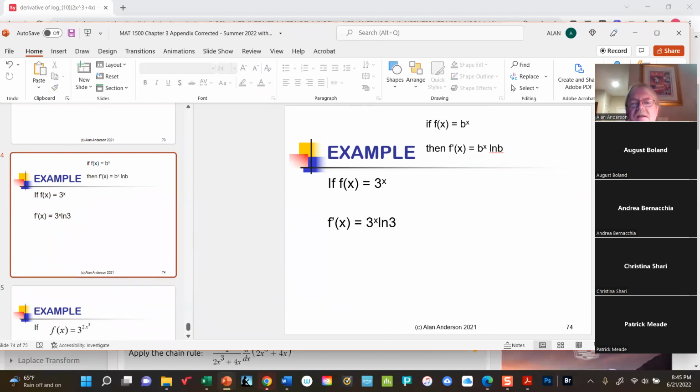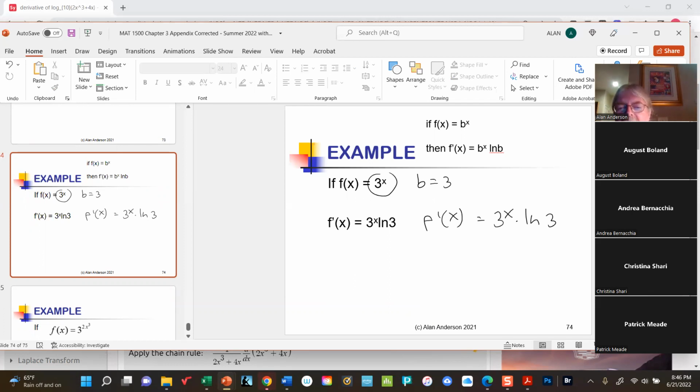Okay, so we have b to the x, b is 3. So according to the rule, the derivative is just the original function times the natural log of the base. And that's it, you're done.